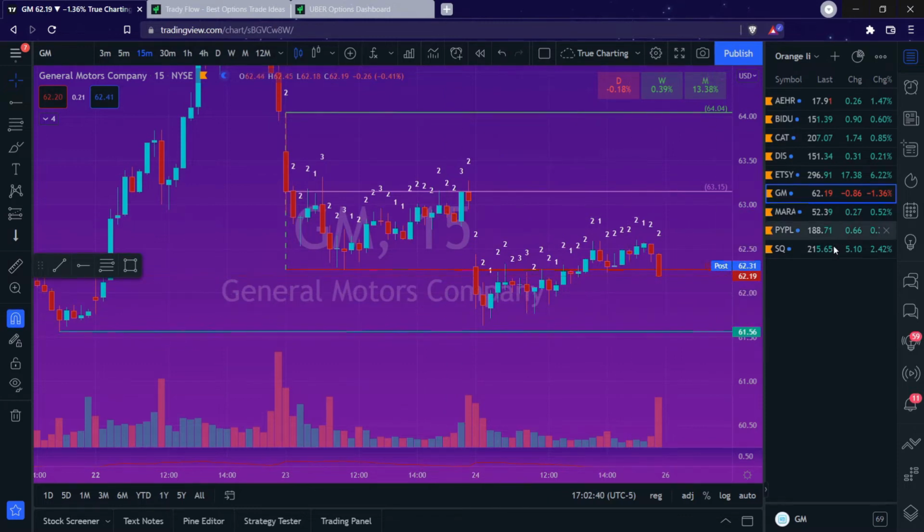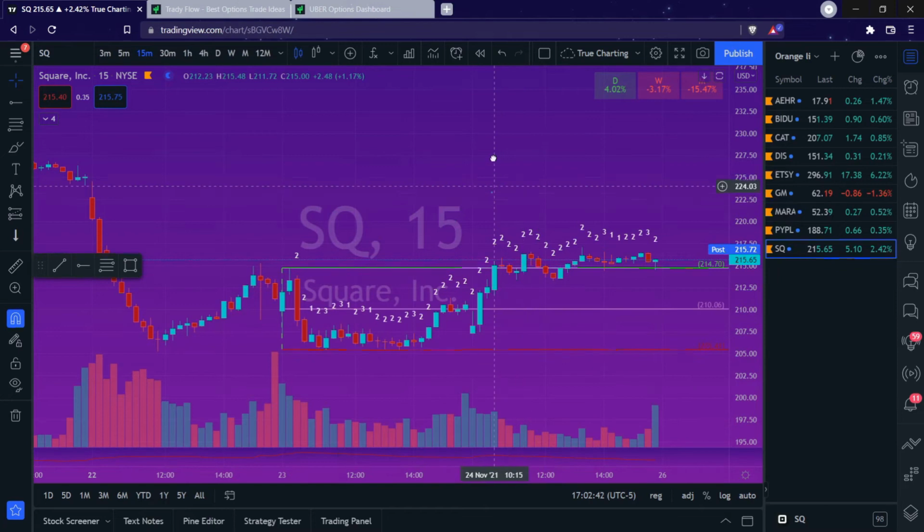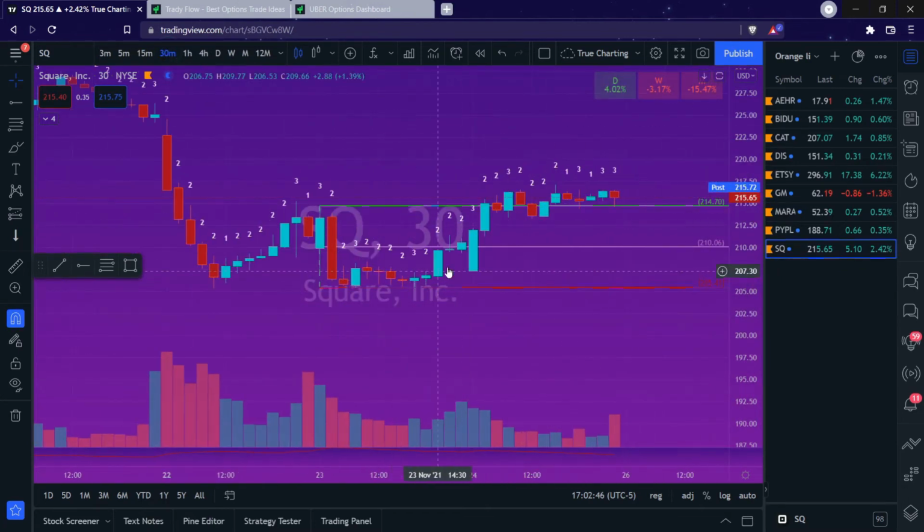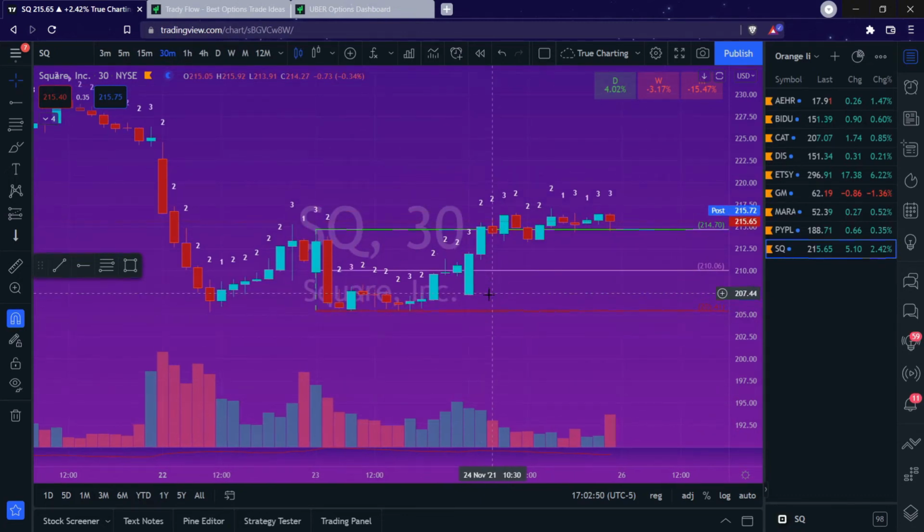So let's take a look at SQ. Here we are on the 30-minute chart again, at the open. We opened below 50%, so we're looking short, but then it goes long.